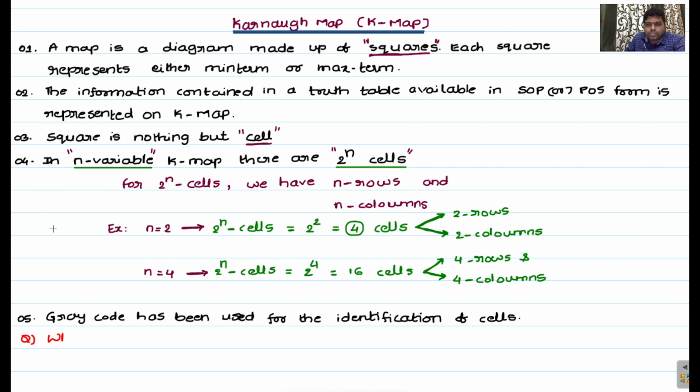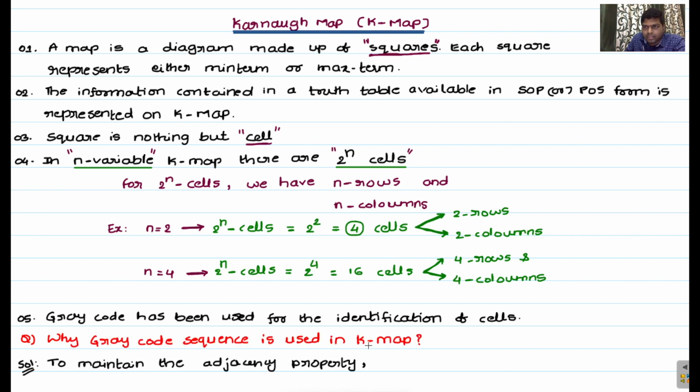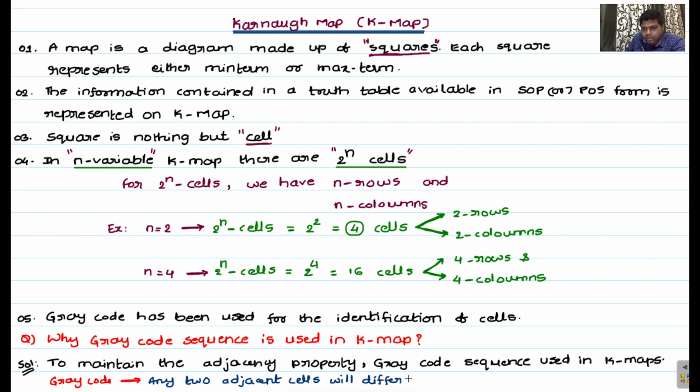To maintain the adjacency property, the gray code sequence is used in K-maps. So what does gray code sequence mean? Any two adjacent cells will differ by only 1 bit.